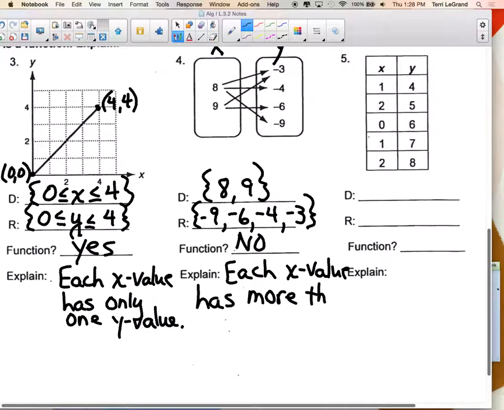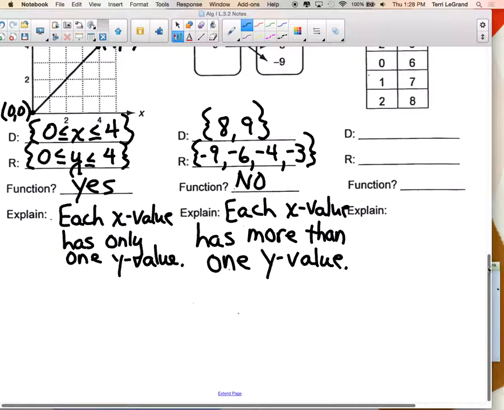If it isn't all of them, then just pick one that breaks the rule. Say x value so-and-so has 2 different y values, or 3, or whatever. Here, because both x's broke the rule, we could say each x value has more than one y value.